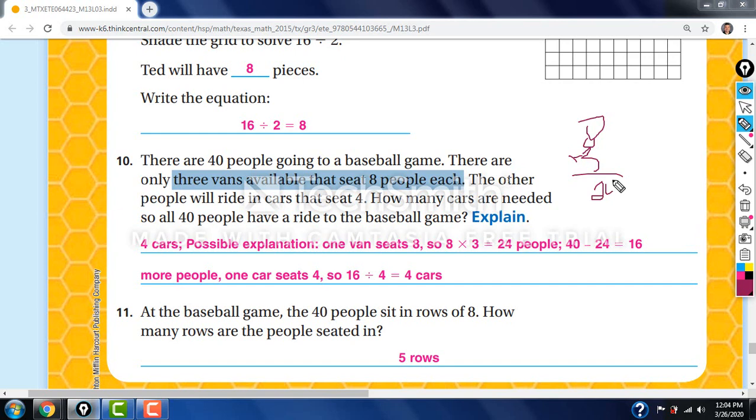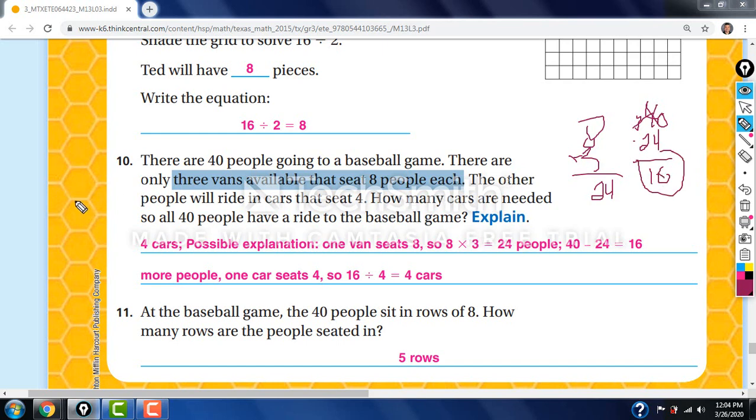Okay, so we have 24 people taken care of. Now we have to figure out what to do with the other people. To figure out how many people are left, we subtract 24 from 40. And that'll give us what? 16, correct. So now we have this number to play with.